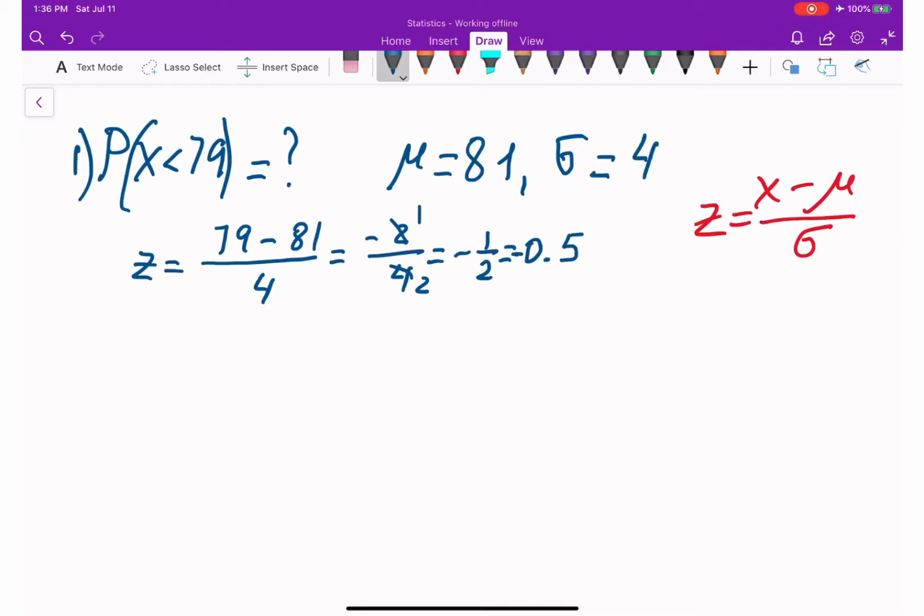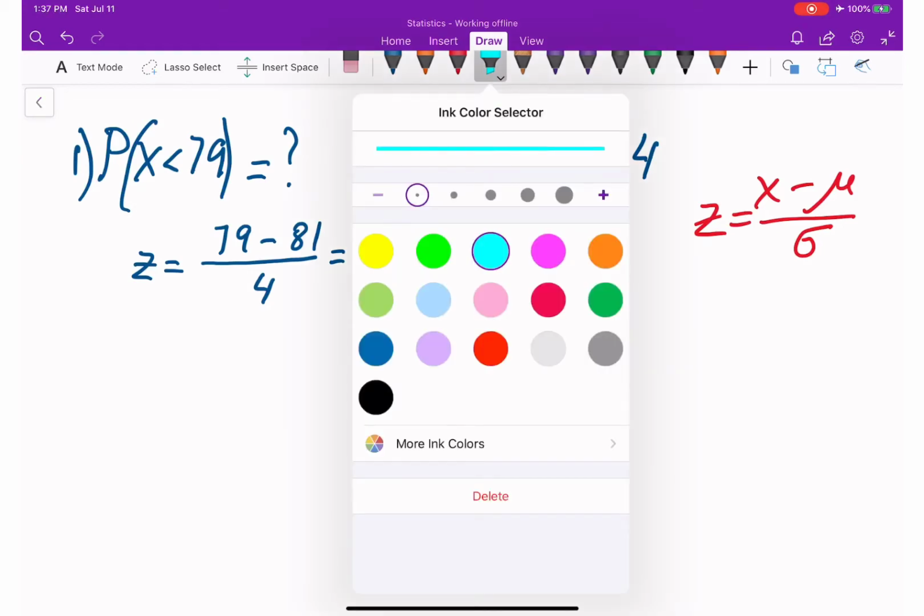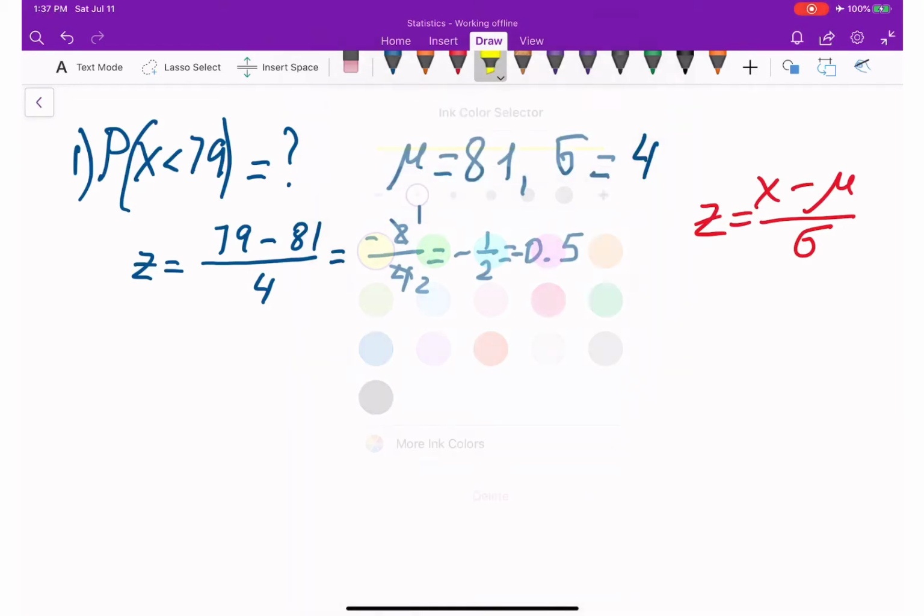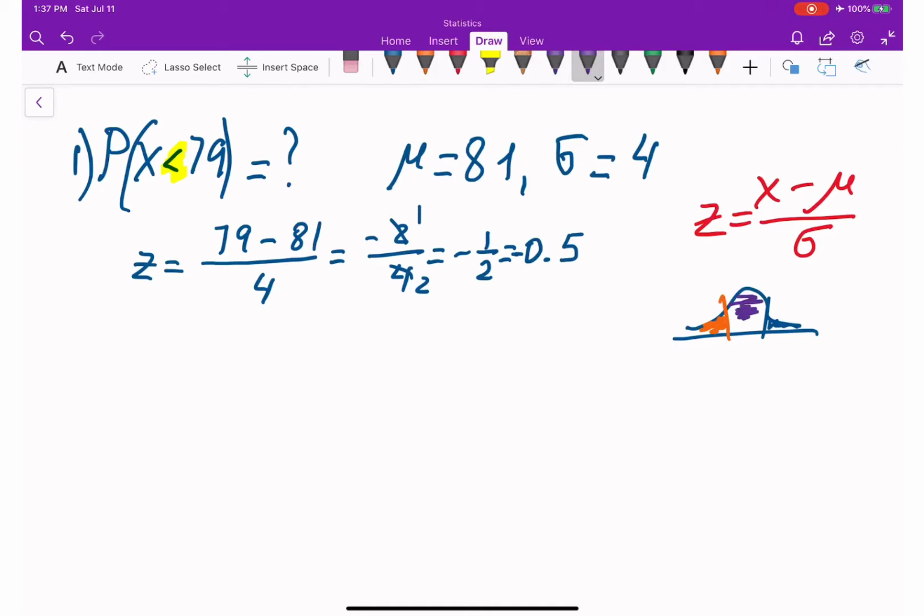I want to mention that the table that I'm going to use represents the probability that is less than, not greater than. There are tables for right tail, left tail, or between.